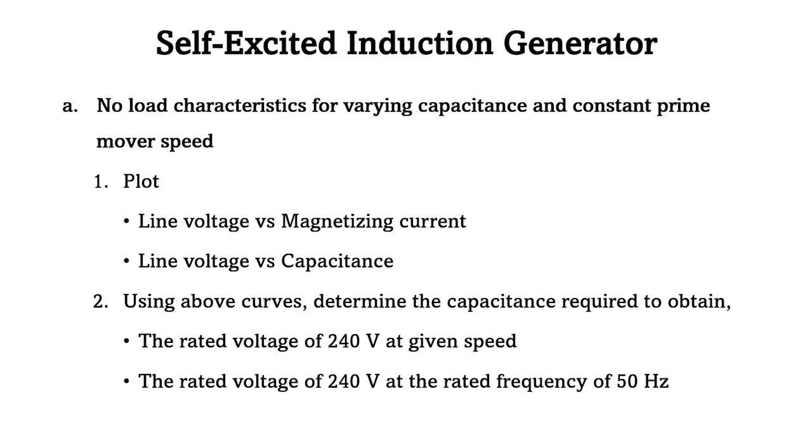For the self-excited induction generator, under part A, you have to plot line voltage versus magnetizing current, line voltage versus capacitance, and using the above curves, determine the capacitance required to obtain the rated voltage of 240 volts at given speed and the rated voltage of 240 volts at the rated frequency of 50 Hz.